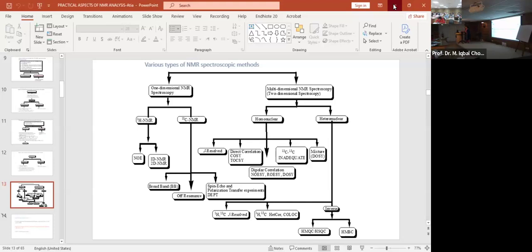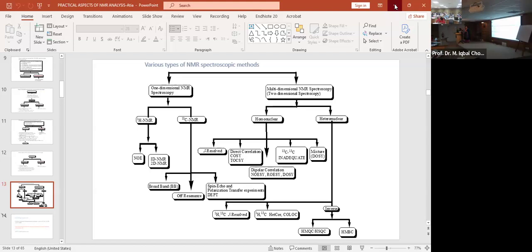That's a very interesting question that Navera has asked. In all the NMR equipment, the megahertz written is the frequency of the proton. So 800 megahertz means the proton frequency will be 800 megahertz.